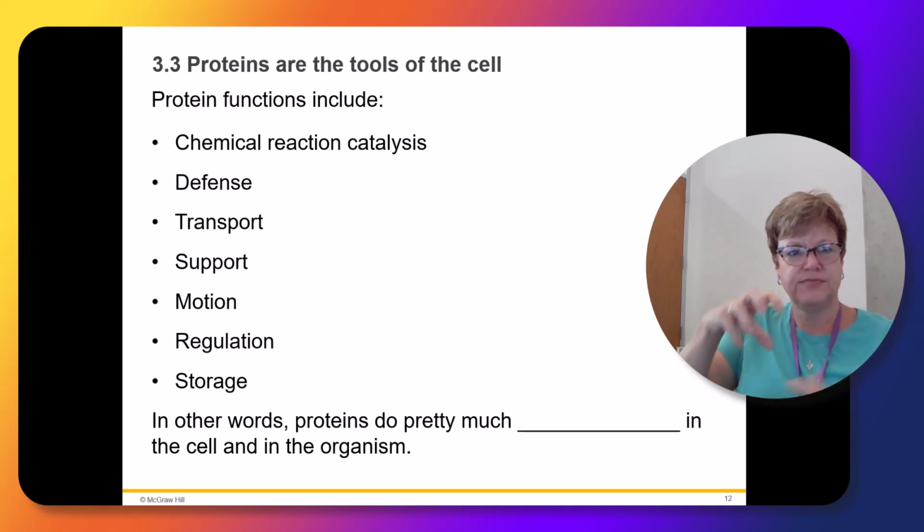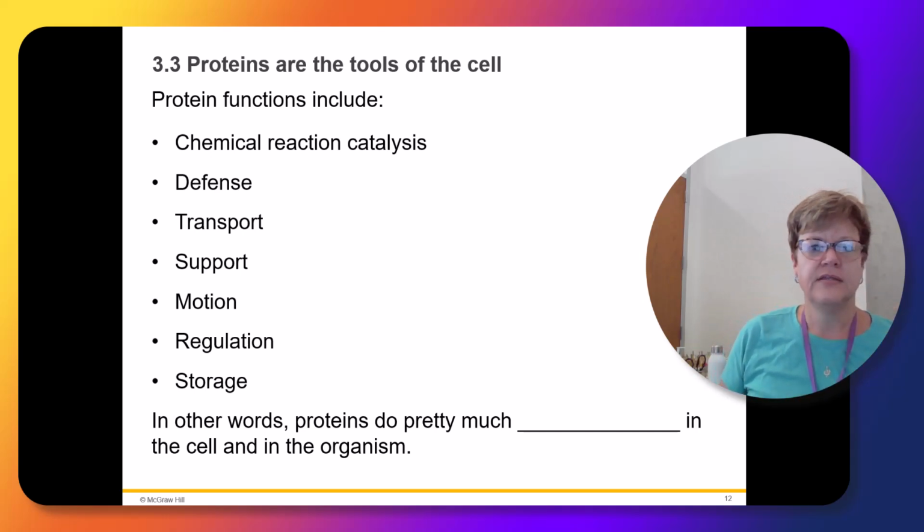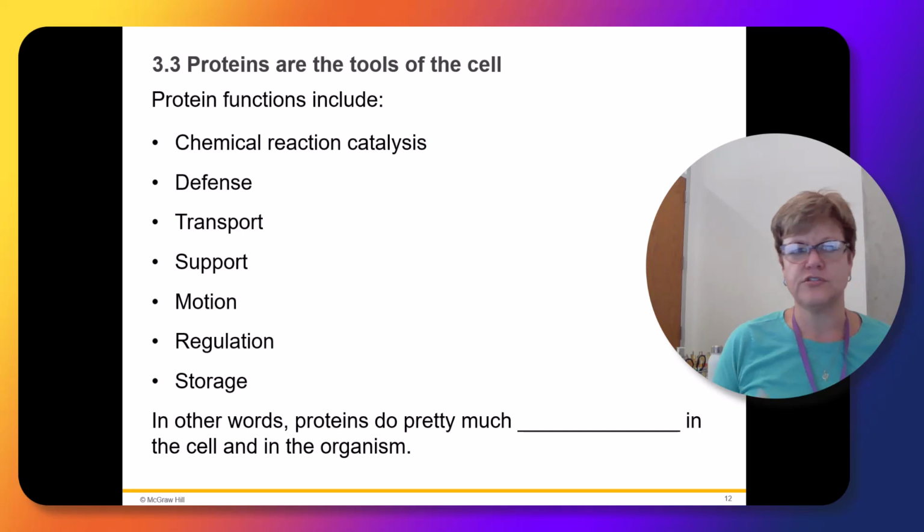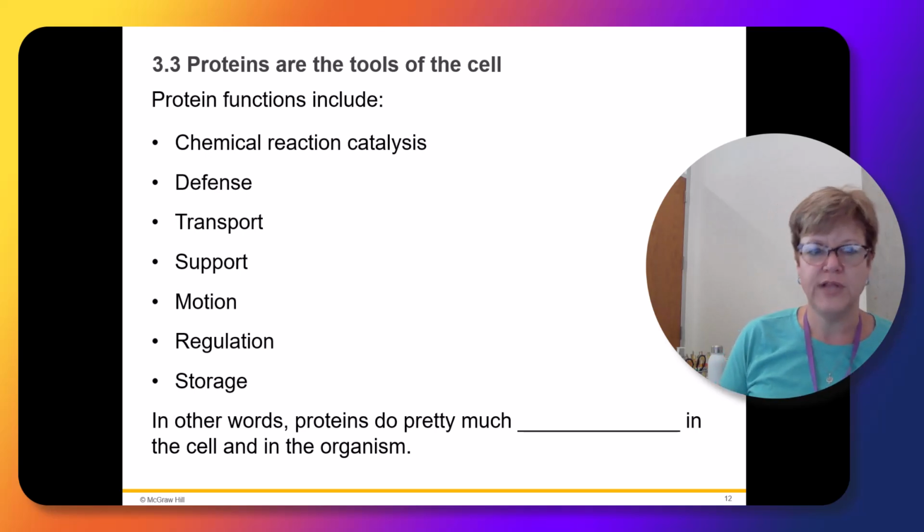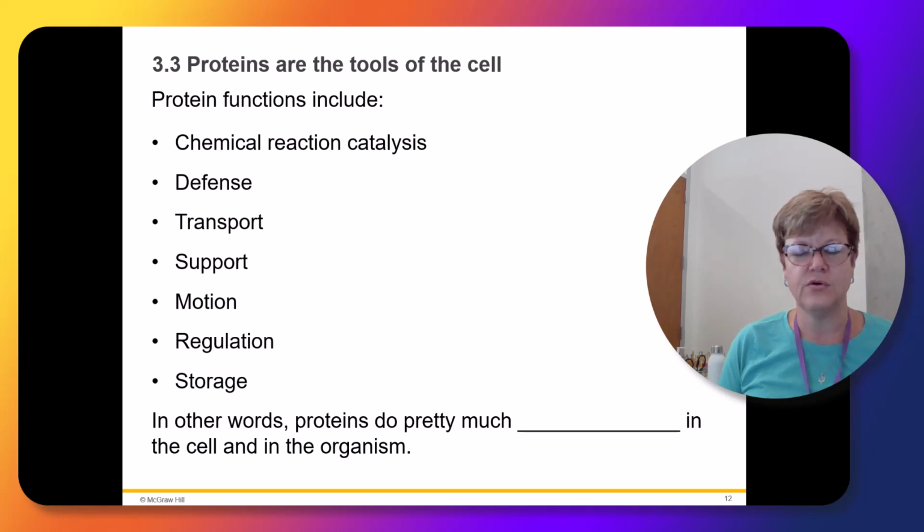They make up some of the structures in the cell and structures outside the cell in the body. Motion, regulation, storage. There are so many things that proteins do. In other words, I wrote this summary: proteins pretty much do blank in the cell and in the organism, and the blank is everything. They do all the work.